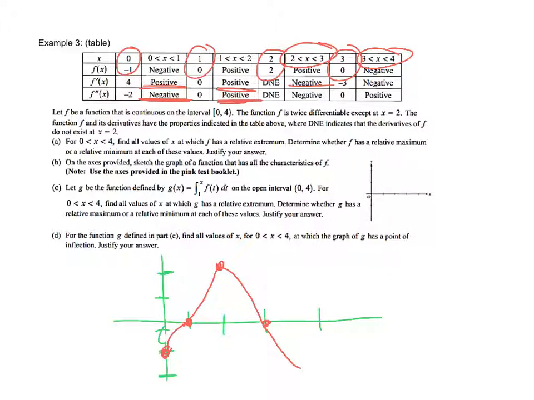So I could even fix this to be a little bit more concave up. And then between 2 and 3, it's concave down. So I kind of did that already, but I'll make it a little bit more concave down. And then between 3 and 4, it's concave up again because the second derivative is positive. So it's going to flip over like that.